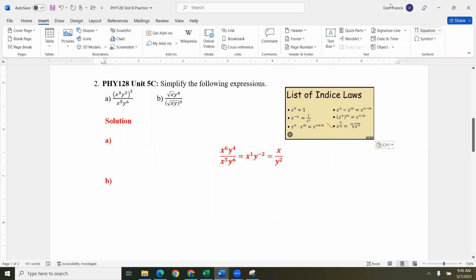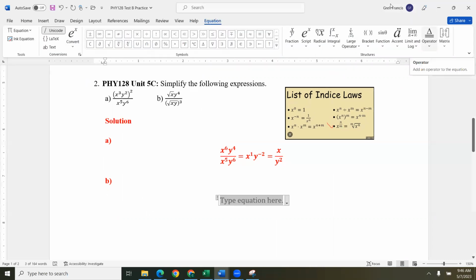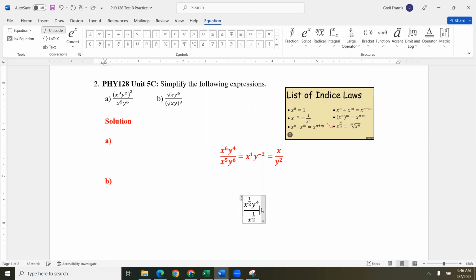So we are going to have x raised to the 1 over 2, y raised to the 4, divided by both x and y raised to the 1 over 2 in the denominator. So we have x raised to the 1 over 2 times y raised also to the 1 over 2.